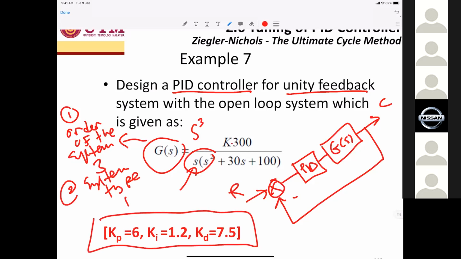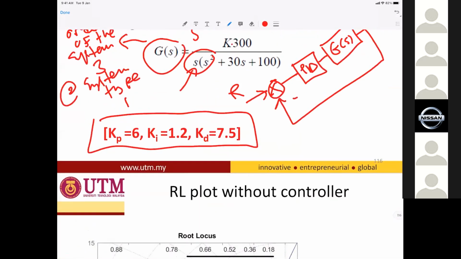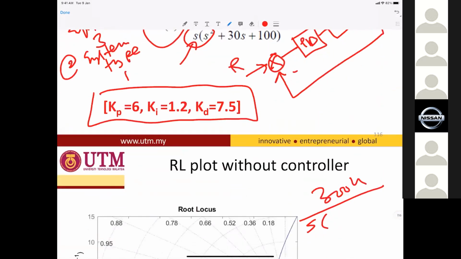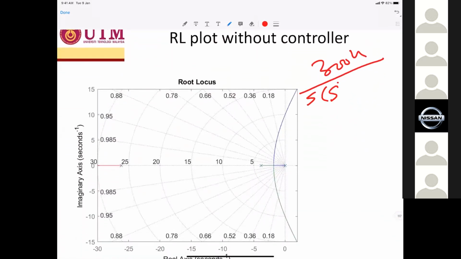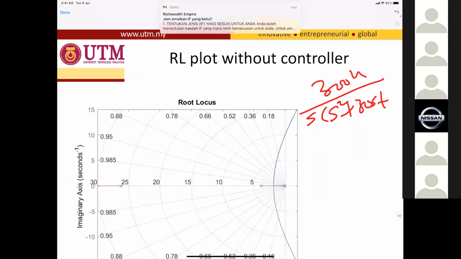But anyway, the answer needs solutions. So the solution starts with 300K divided by S times (S squared plus 30S plus 100).